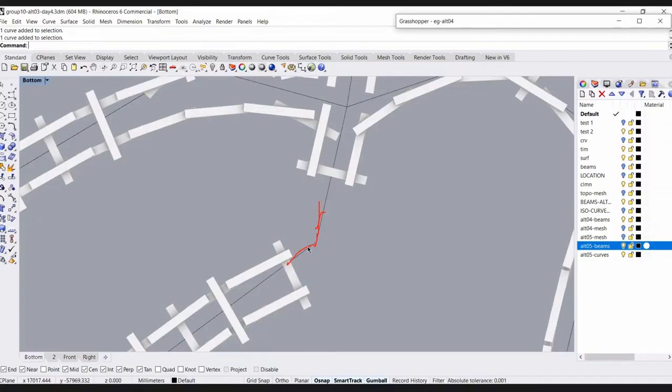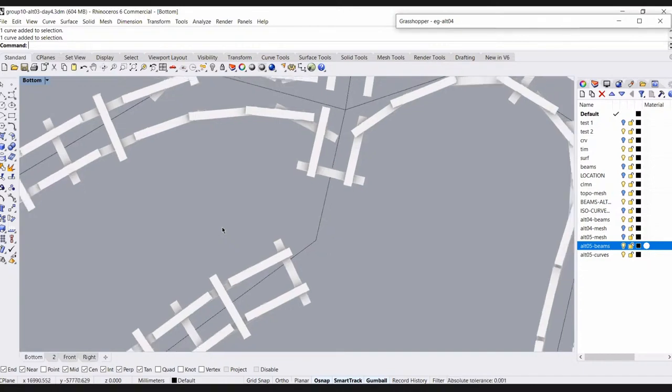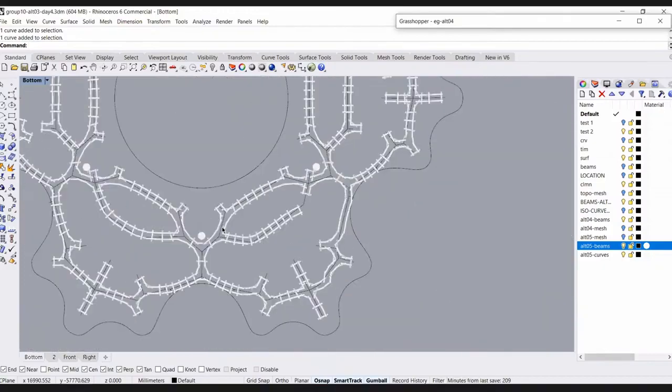Did they meet? I didn't join them. You don't have to join them, but they have to meet at the same point. You mean their endpoints? Yes, the end should be at the same position. You should check this, but if there's no problem here, then actually I'm not sure why this happened. You can check this. Yes, sure, I will check it.